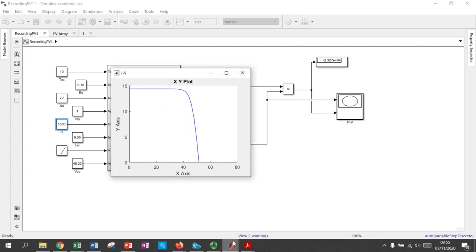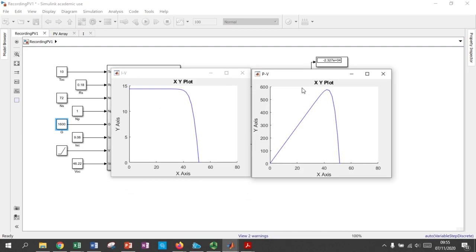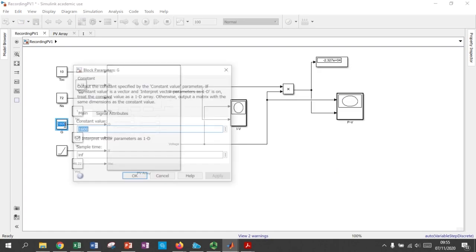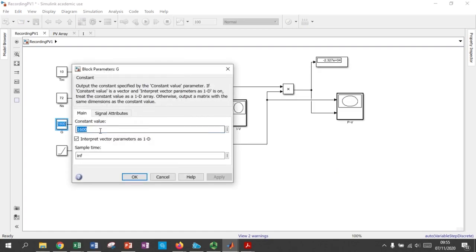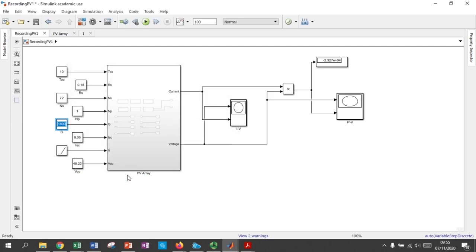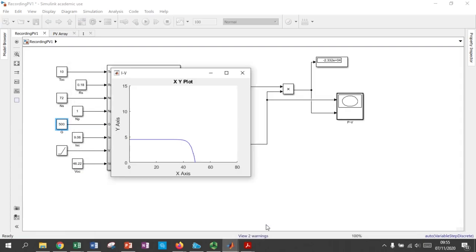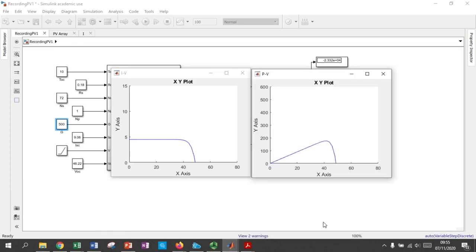Yes, you can find here now again that the current is increasing. From 11 it has been increased. It's obvious because the solar irradiance is directly proportional to the generated current. If I increase it to, for example, 500 watt per hour, you can find that again, okay, there is a current versus power.